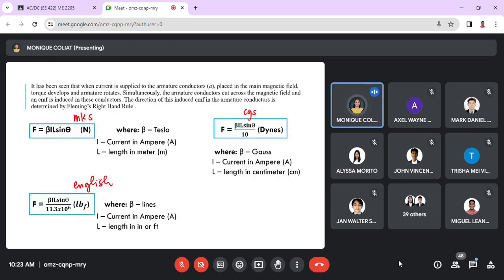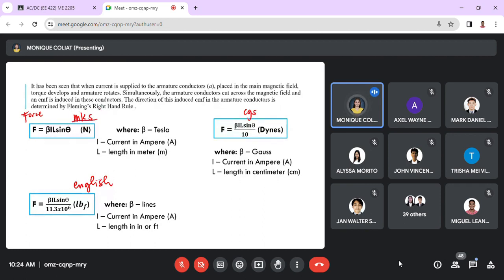Force po ito. So, to get the force, we have here F = BIL sine theta. B is your flux density, I is your current in ampere, and L is your length in meter. Flux density is in Tesla, so ito ay MKS, and your unit for force is Newton.